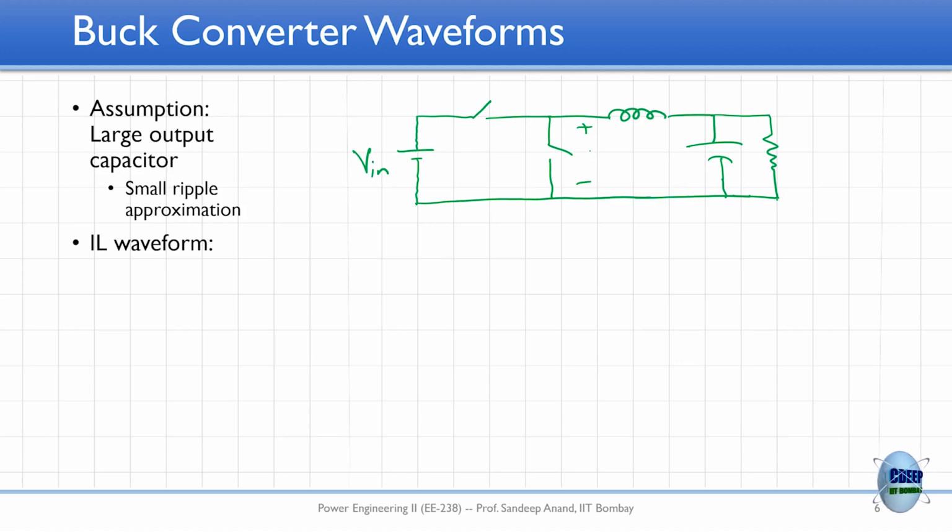Vin, Vi, S1, S2, L, C, R. Okay, we'll start with drawing the inductor current waveforms, right? How it looks like. So inductor current is IL.